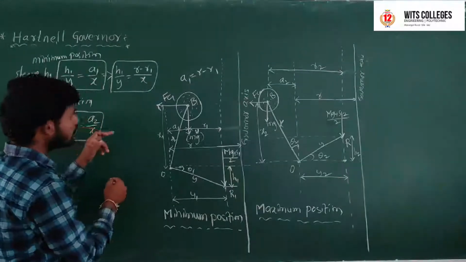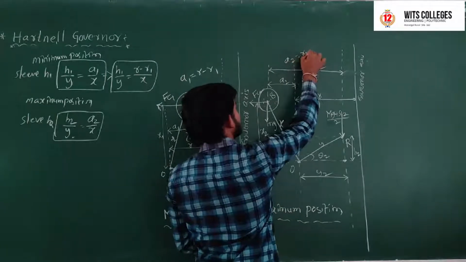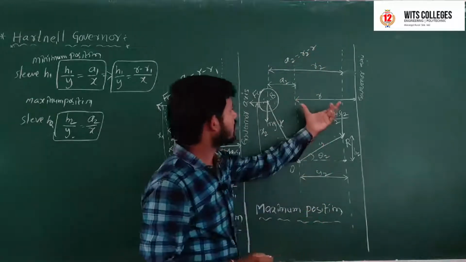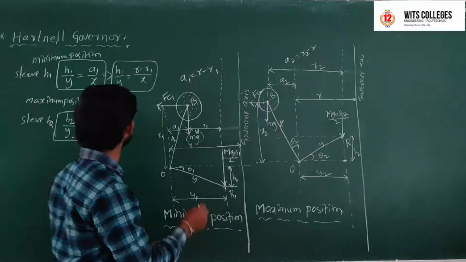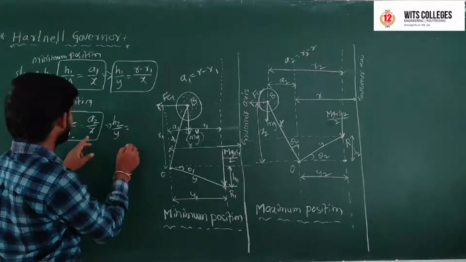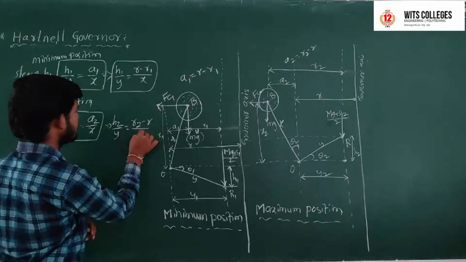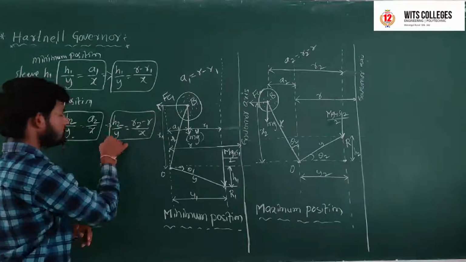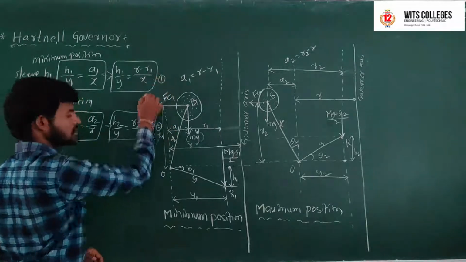Here we get the a2 value, which is equal to r2 minus r. So a2 is equal to h2 by y, that is (r2 minus r) divided by x. This is the second equation, and that was the first equation.